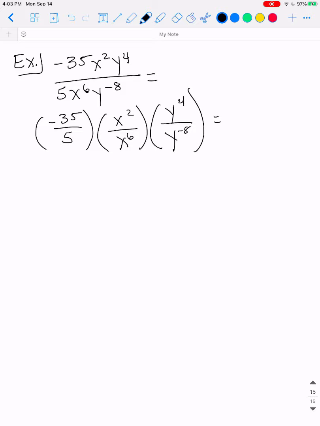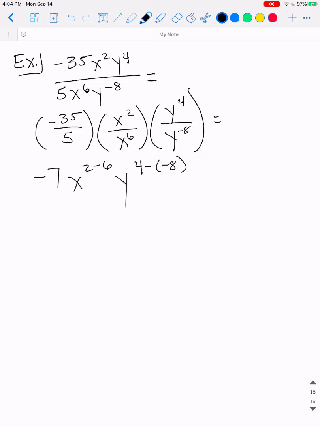Alright, so -35 divided by 5 is -7. And then we have x^(2 minus 6), and then y^(4 minus -8), because we're doing the quotient rule, right?